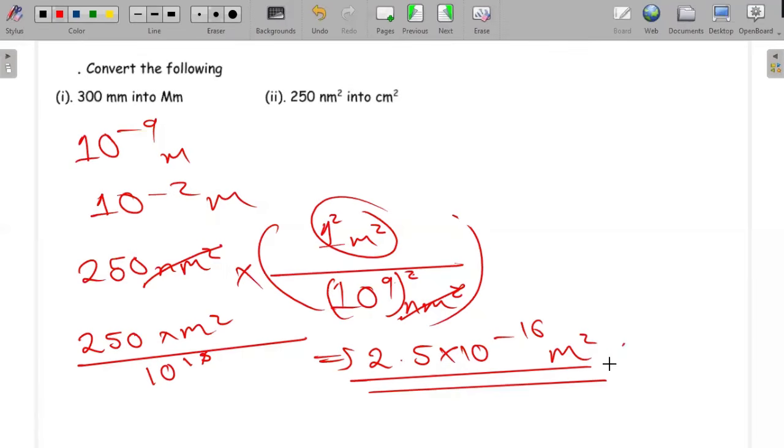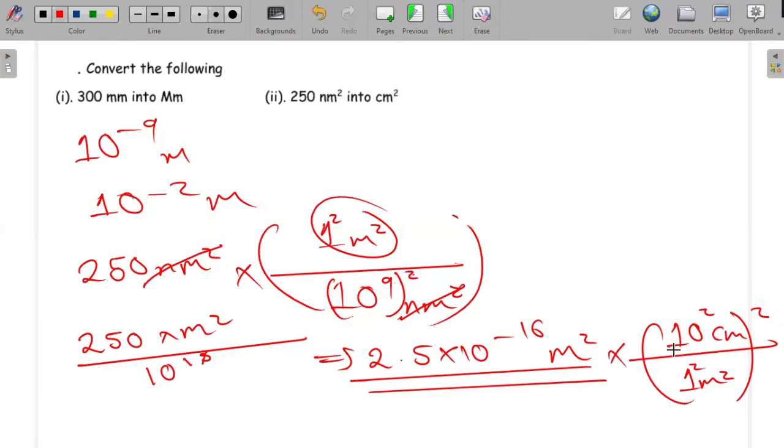So we're going to multiply this by the conversion factor between the meter and the centimeter. We know that 1 meter is equal to 100 centimeters, which is 10 to the power 2 centimeters. From here, we're just going to square this conversion factor, which gives us a square there and a square meter there.